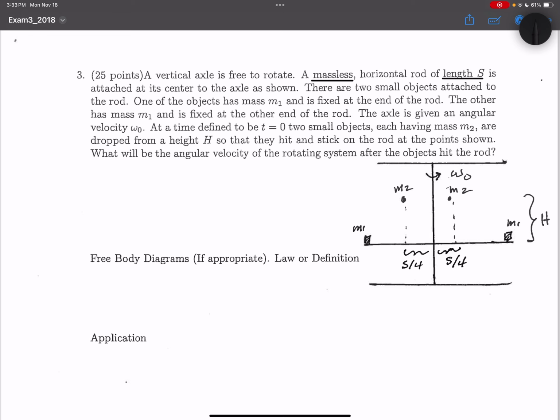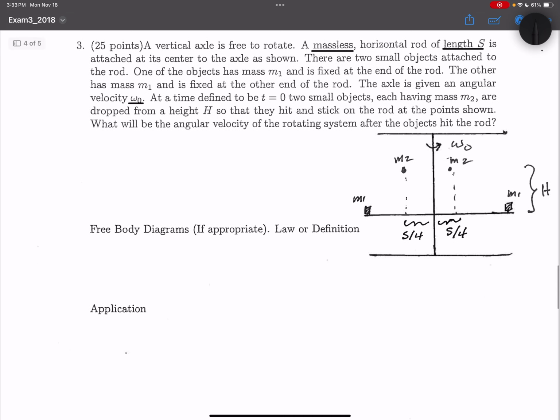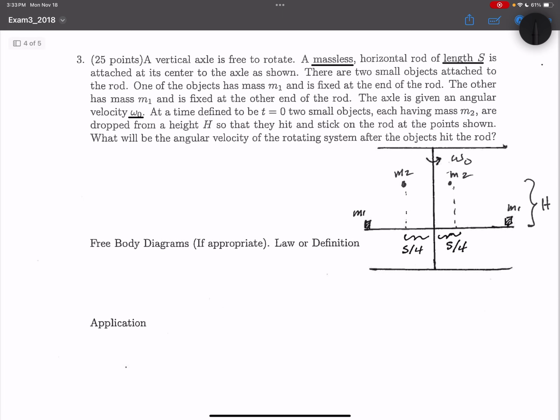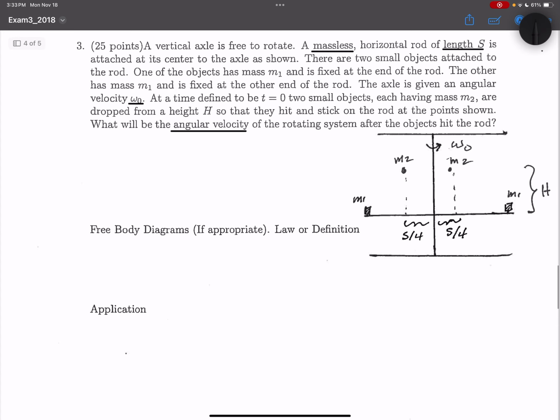The other has mass m1 and is fixed at the other end of the rod. Okay, so they both have them. The axle is given an angular velocity of omega naught, and at time defined to be t equals 0, 2 small objects, each having mass m2, are dropped from a height h so that they hit and stick on the rod at the point shown. What will be the angular velocity of the rotating system after the objects hit the rod?